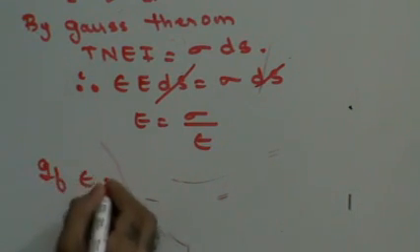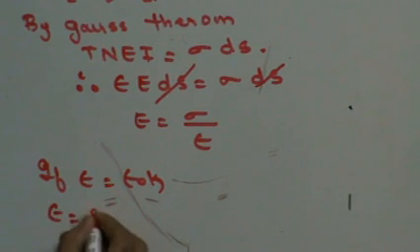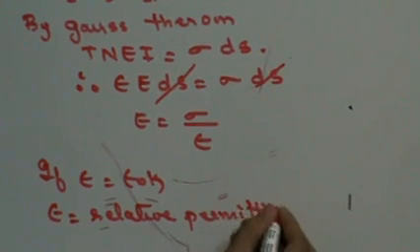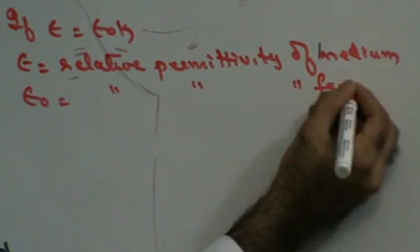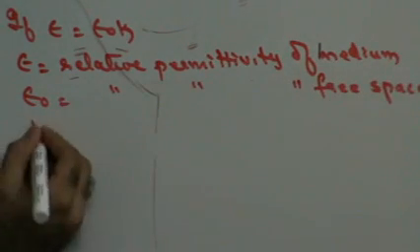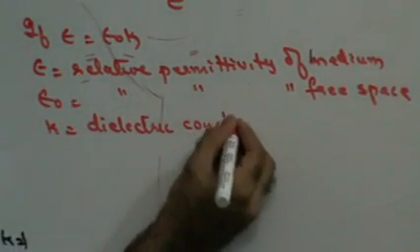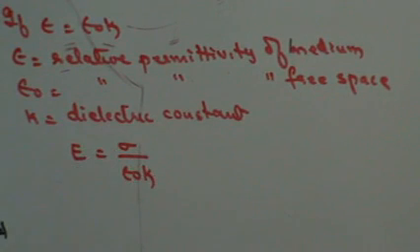Now if epsilon is equal to epsilon 0 K, where epsilon is the permittivity of the medium, epsilon 0 is the permittivity of free space, and K is the dielectric constant, then I'll get E is sigma upon epsilon 0 K, right?